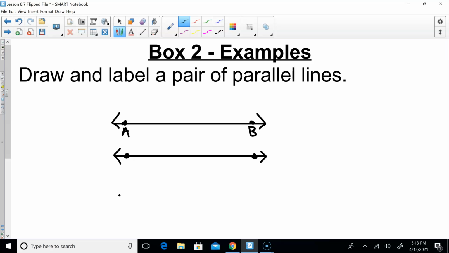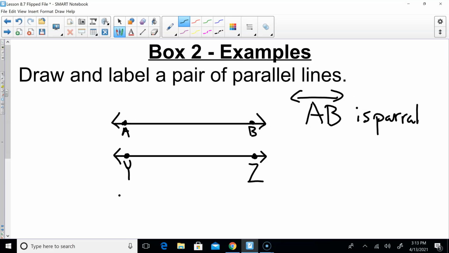Nope, I'm going to live on the edge, YZ. So we know that line AB is parallel, two L's, there you go, to line YZ. So that is how you would draw and label a pair of parallel lines.